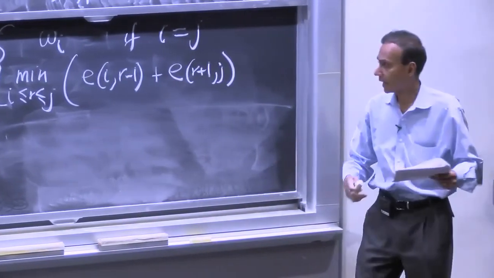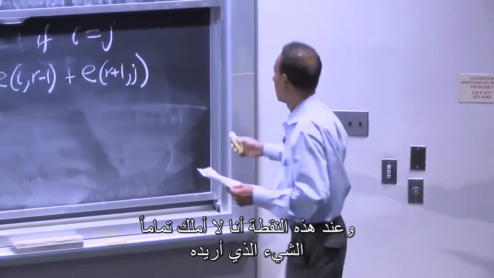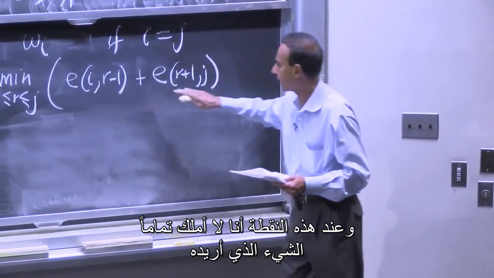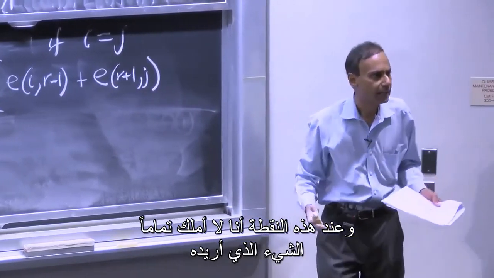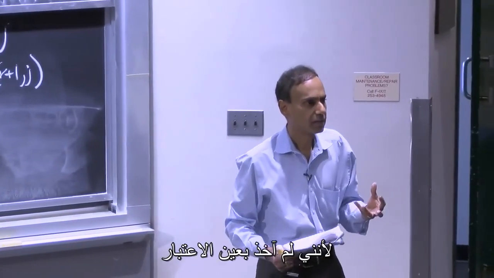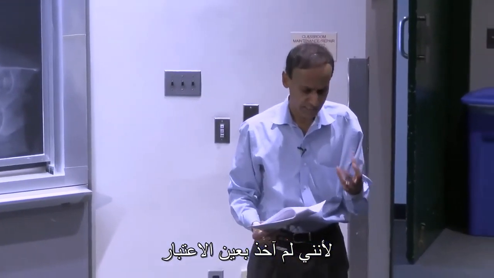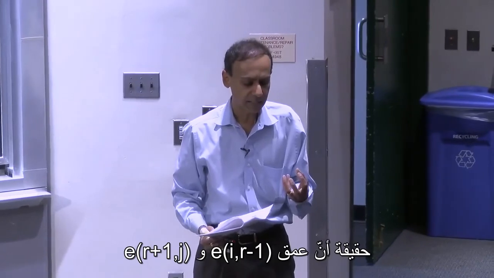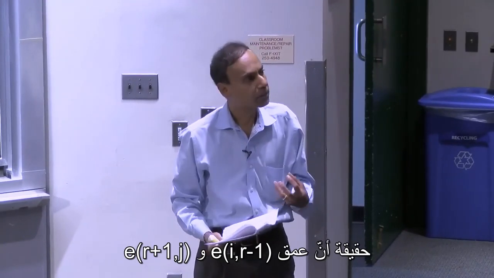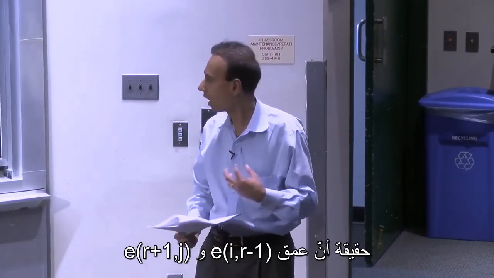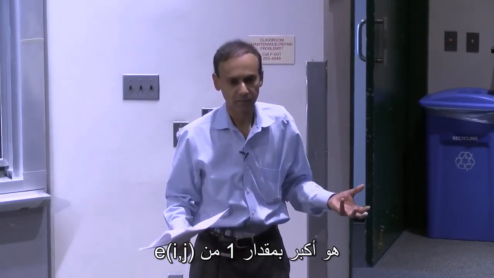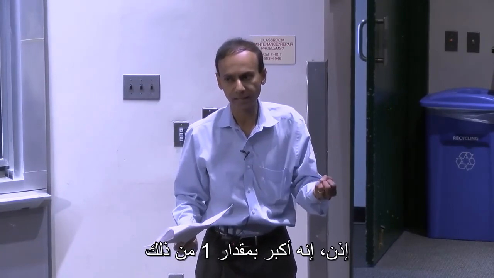And at this point, I don't quite have what I want, because I haven't actually taken into account the fact that the depth of the E[i, r-1] and the E[r+1, j] is one more than the E[i, j], right? So it's one more than that, right?